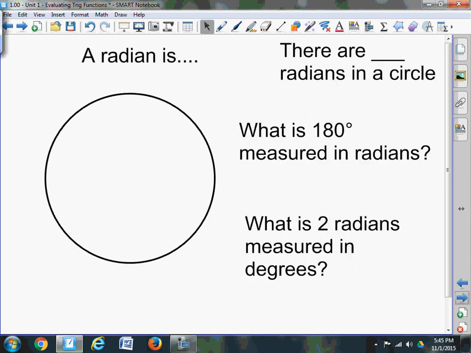It's actually called a radian, and a radian is defined in terms of a circle. It's not an arbitrary number. A radian talks about how many radius lengths would fit into the circle's circumference.